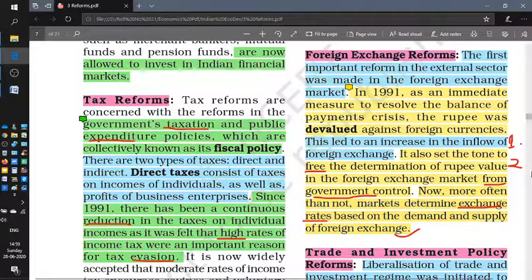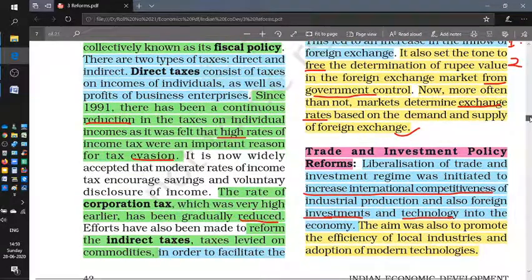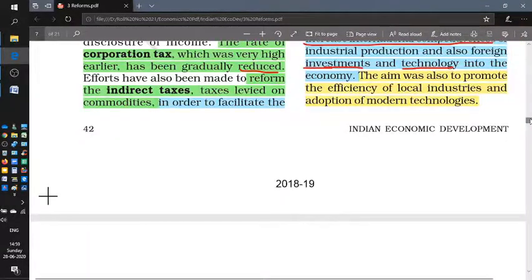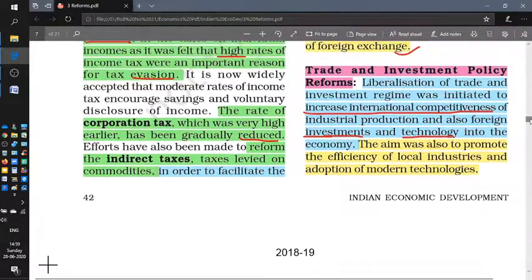And lastly, we need to also reform our trade and investment. Remember, the first reform that we talked about is the reform of industries. And if we reform industries, of course, more goods will be produced. But where will we send those goods? We need to trade. If we don't reform trade at the same time, all those goods that we produce become redundant, isn't it?